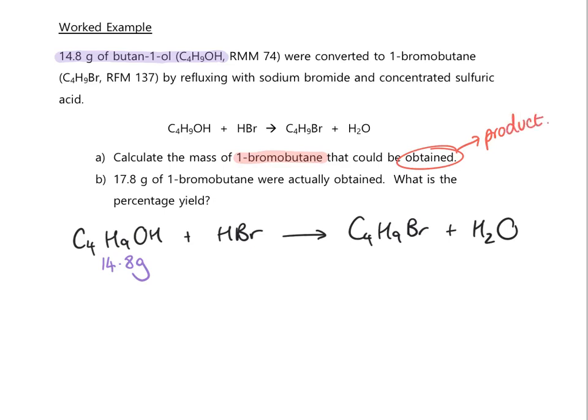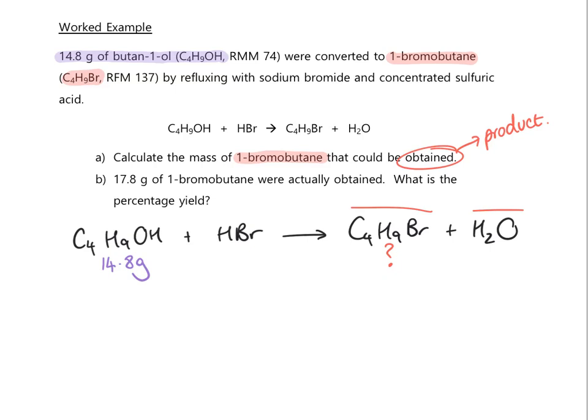So if you look at your two products, you've got C4H9Br and you've got H2O. Well, we know that H2O is water, so C4H9Br must be 1-bromobutane. But you can also see from the start of the question, it says it was converted to 1-bromobutane C4H9Br, so you can match it up with the formula there.